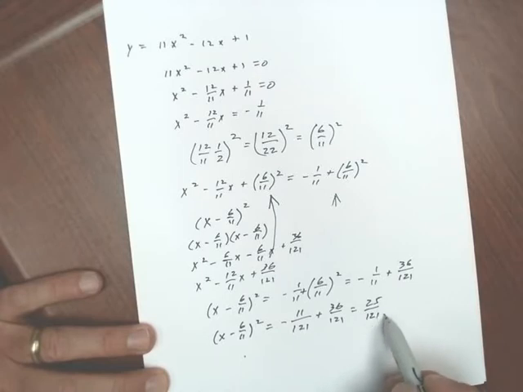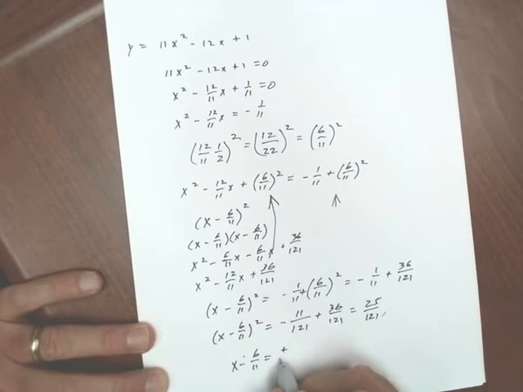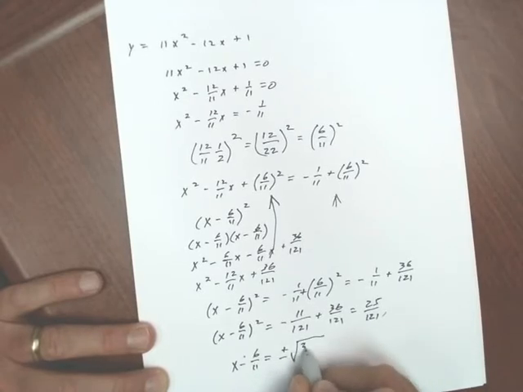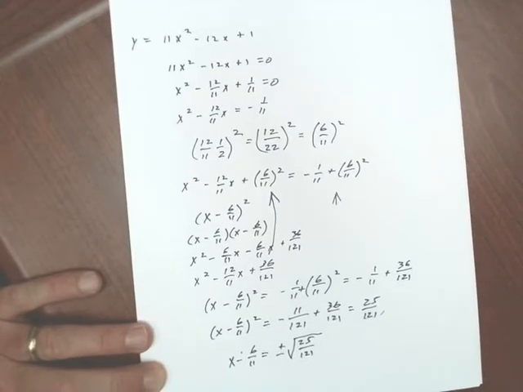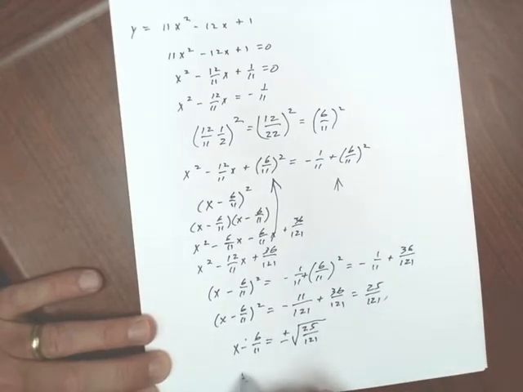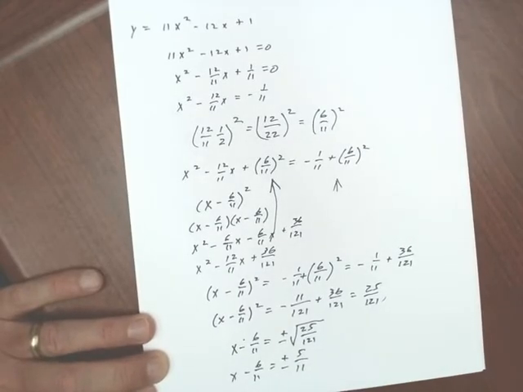Okay, so now we have this, and we have this on the right. We're going to take the square root of each side. This gives us x minus 6 over 11 equals plus or minus the square root of 25 over 121. Okay, so now we get x minus 6 over 11 equals plus or minus 5 over 11.